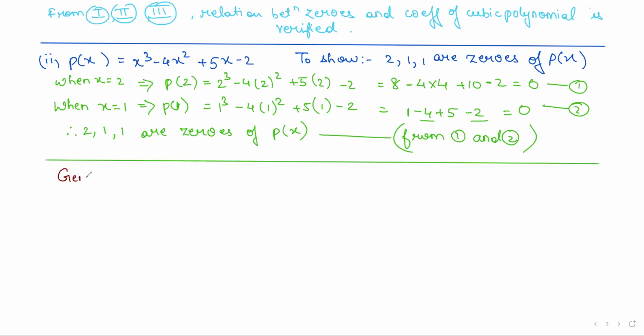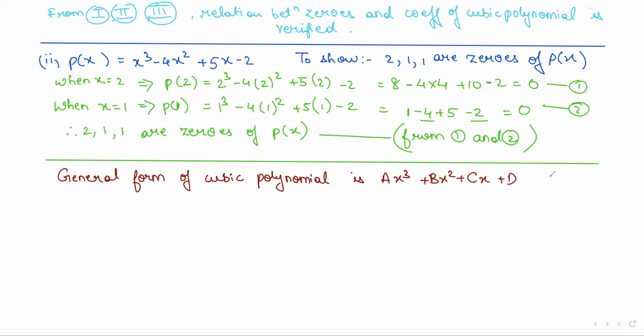The general form of a cubic polynomial is ax cubed plus bx squared plus cx plus d, equating or comparing this with P of x.